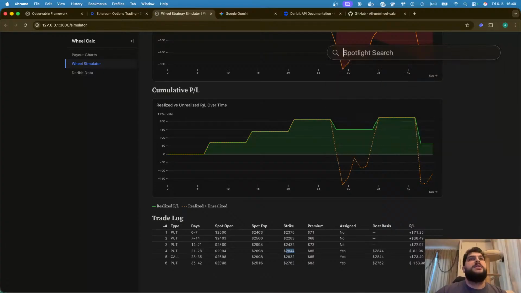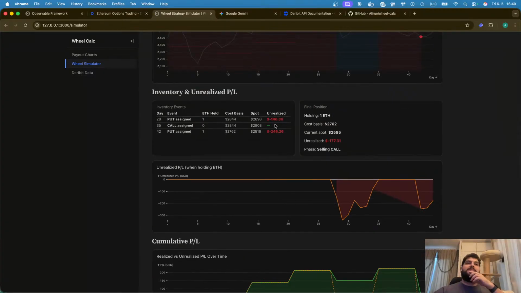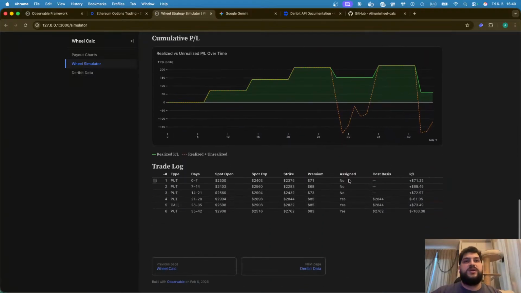Okay, yeah. So basically we lost at the assignment here immediately. It was an immediate realized loss of 146, but since we got a premium of 72, in this trade we got a net, oh, this one we got a net minus 61.